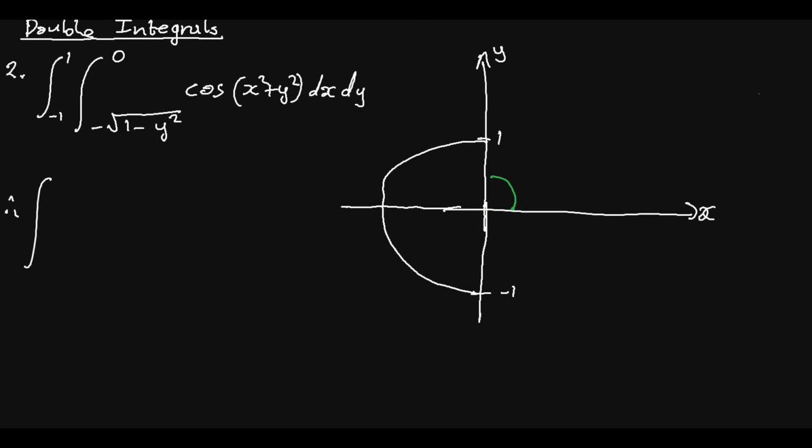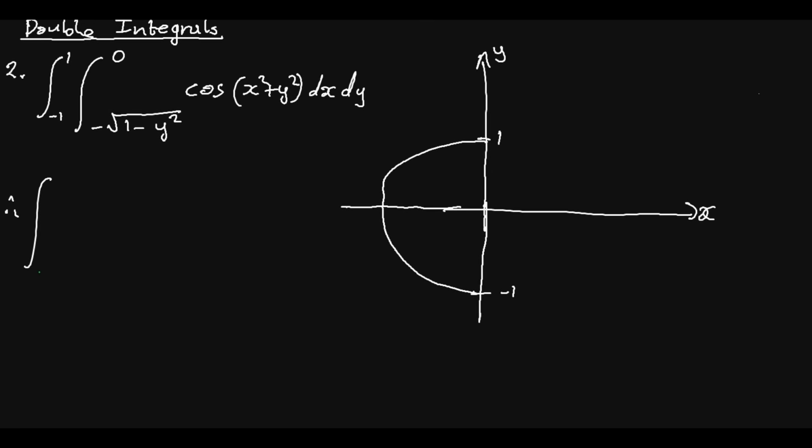Again, we always start counting from the x-axis, where theta is 0, and go up, irrespective of where the region is.